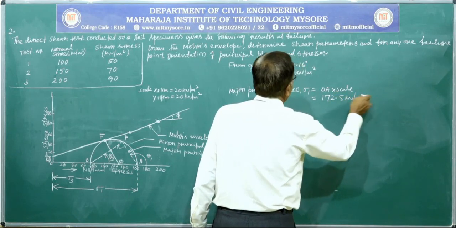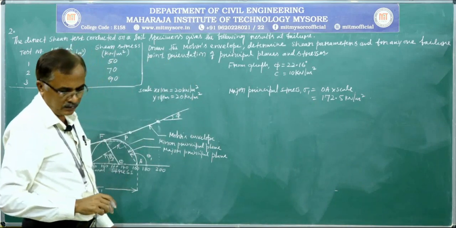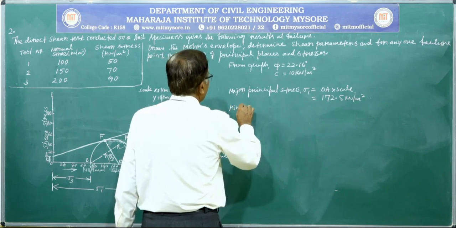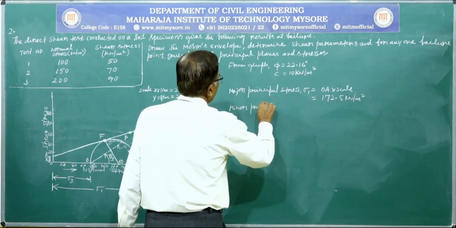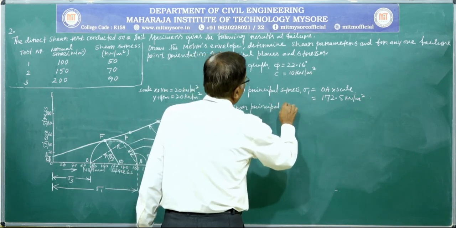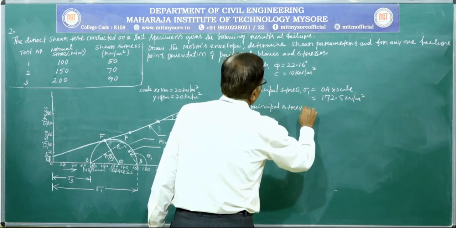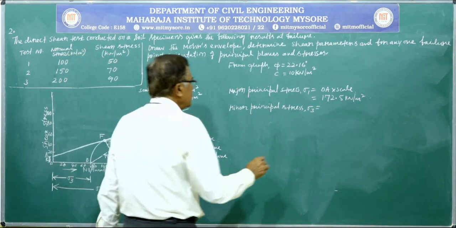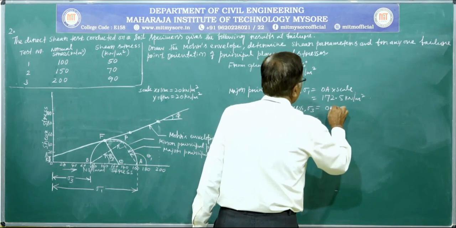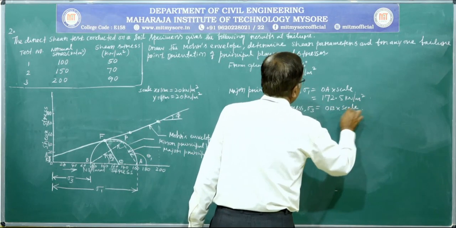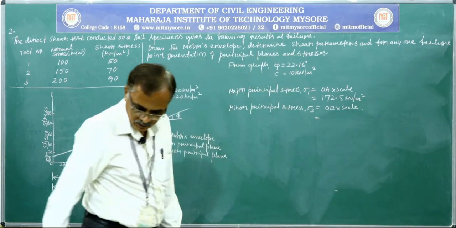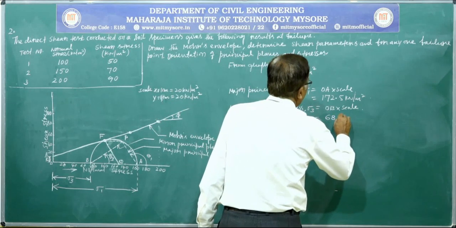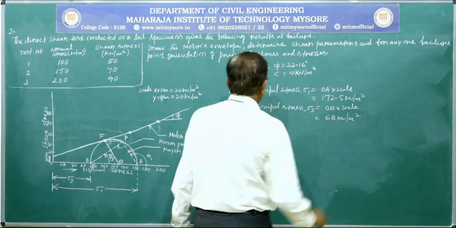If it is drawn to scale and measured, then minor principal stress sigma 3 is equal to OB into scale, 68 kilonewton per meter square.